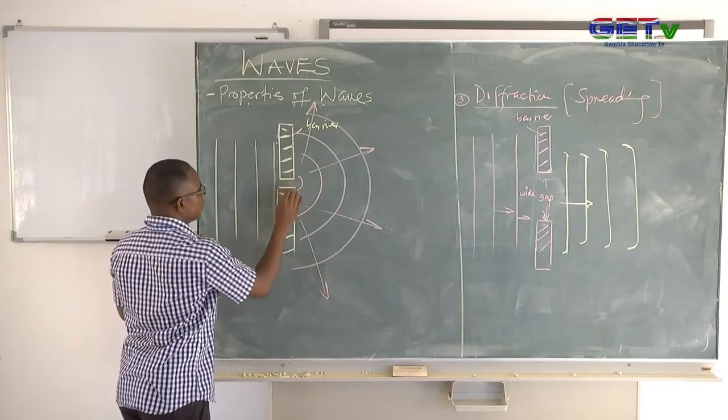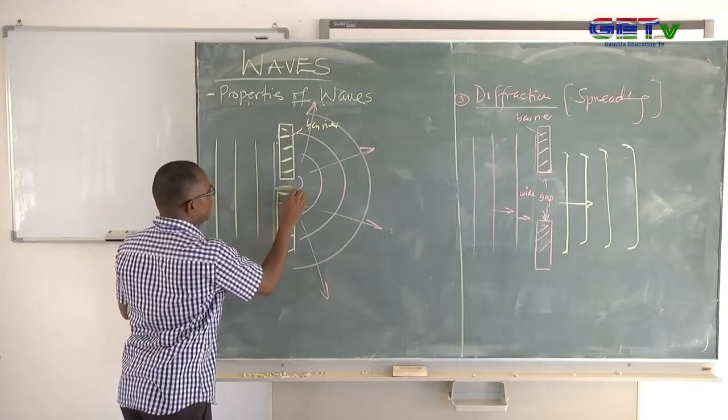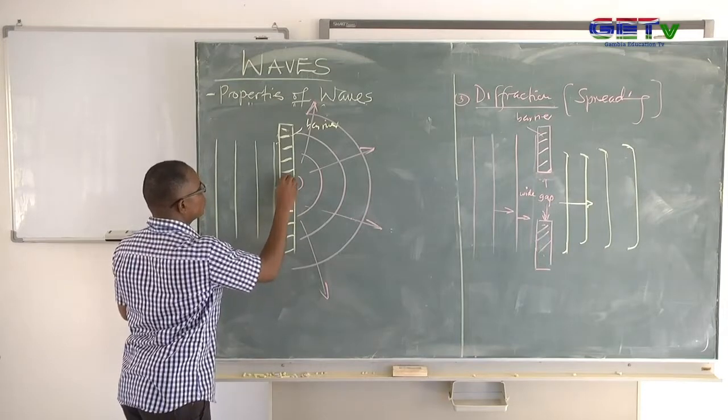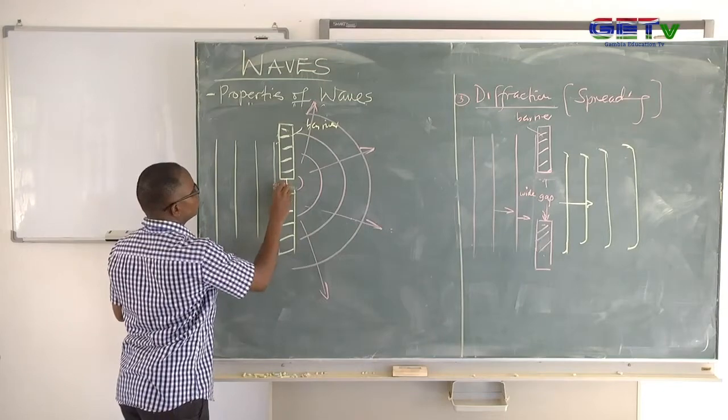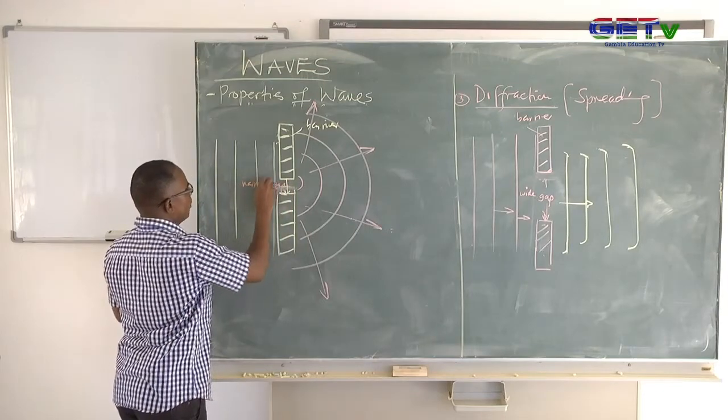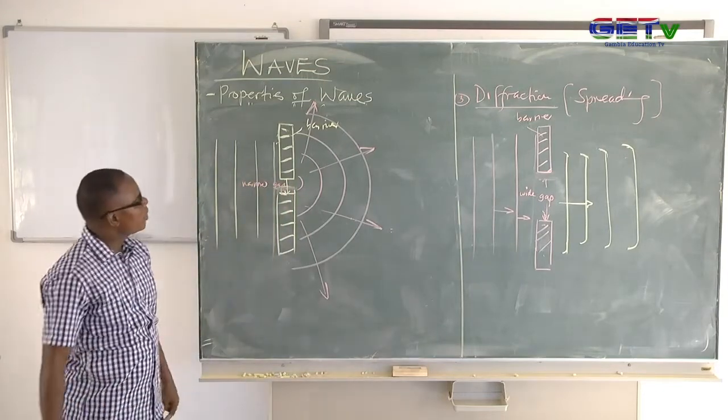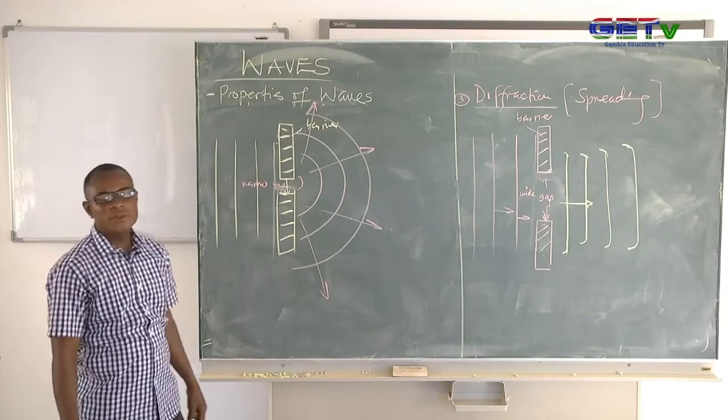And if the gap is small, let's say there, this is a narrow gap. So the gap is narrow in this case. When the gap is narrow, the wave will suffer acute spreading.